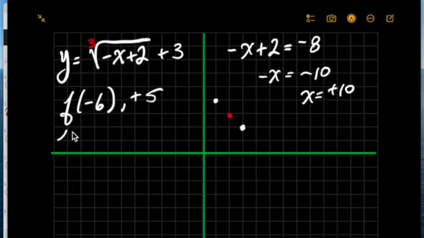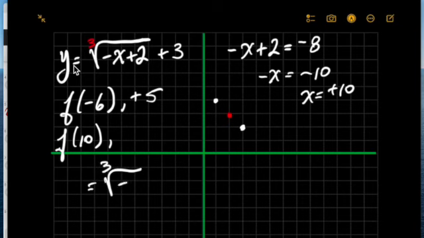We're now going to do f of positive 10. If we put positive 10 in here, we're going to get the cube root of negative 8 plus 3. The cube root of negative 8 is negative 2, plus 3 would be positive 1.